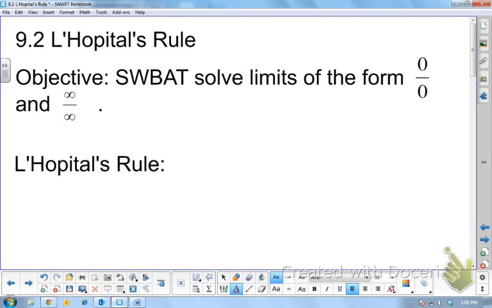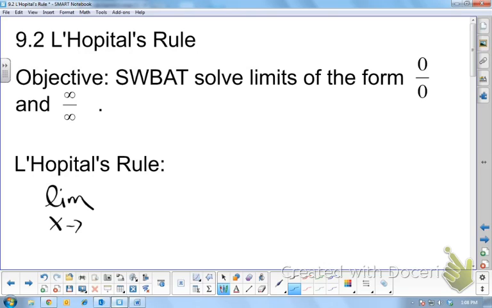So L'Hôpital's rule states that the limit as x approaches a of f of x over g of x is equal to that same limit with the derivatives instead of the functions.